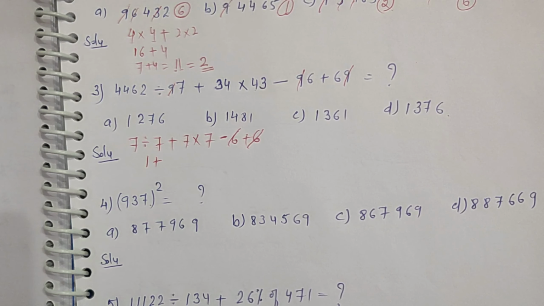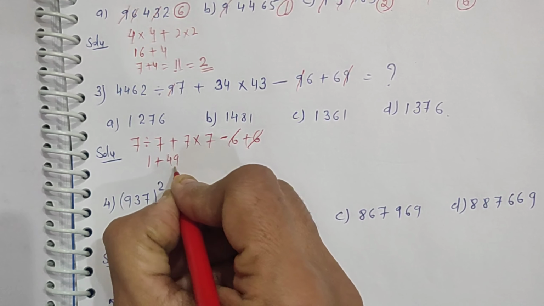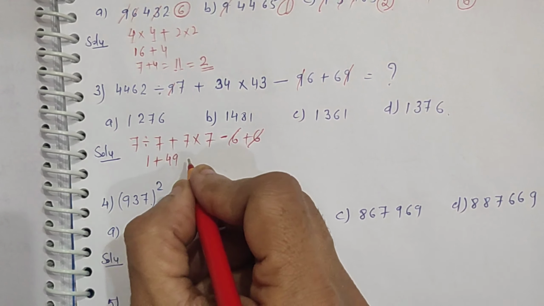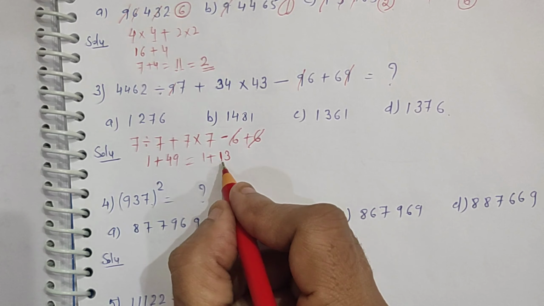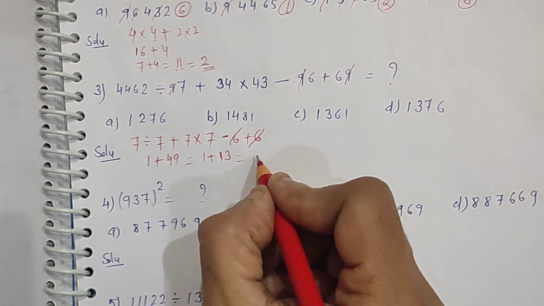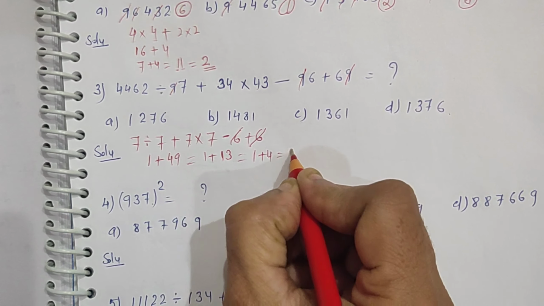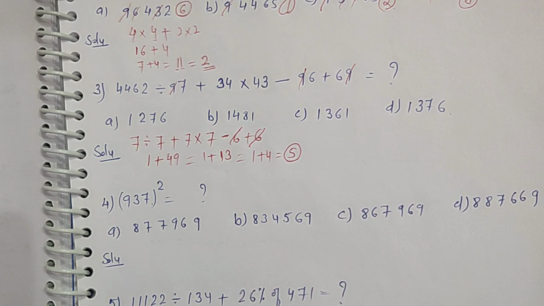And how can 49 be done? 9 plus 4 is 13. So 1 plus 13. And how can 13 be treated? 3 plus 1 as 4. So 1 plus 4 will be 5. Right? It means that my digit sum should be 5.